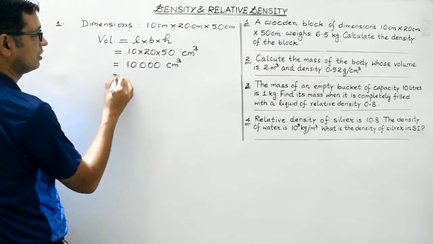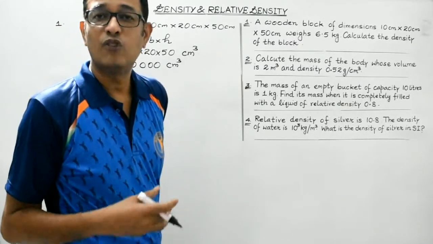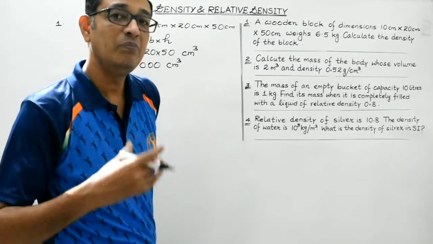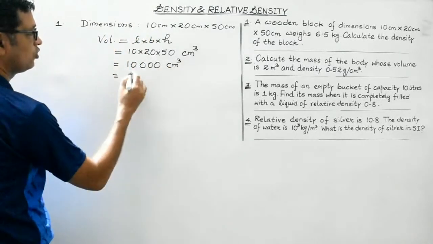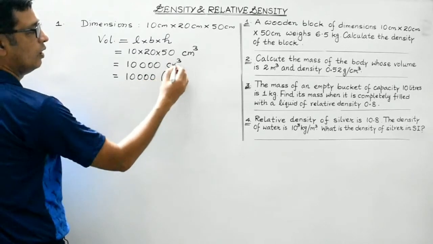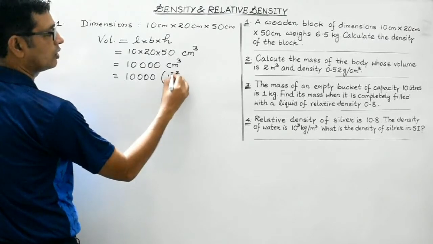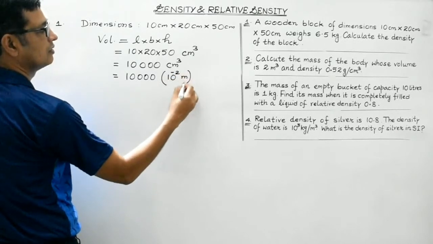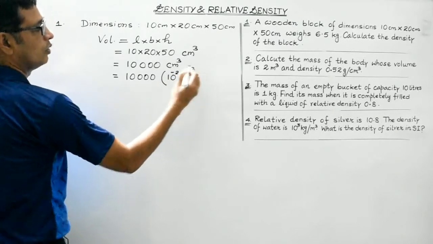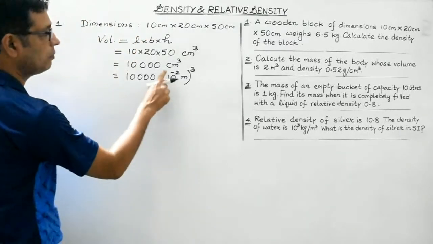Now look, students. It has to be converted to SI, which means the volume is to be expressed in meter cube. So we need to change this centimeter cube into meter cube. 1 centimeter is 1 by 100 meter, that is 10 raised to minus 2 meter.